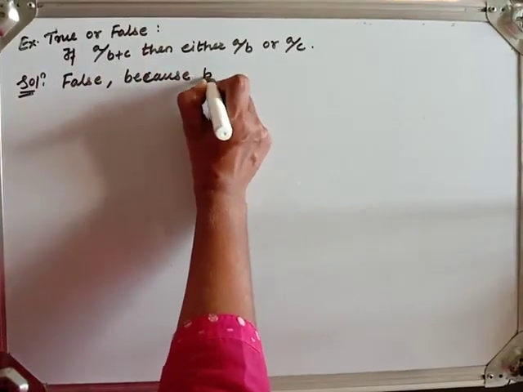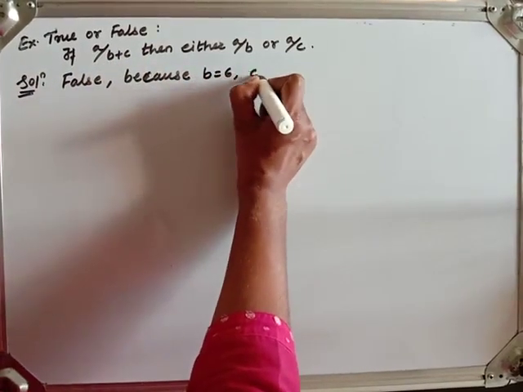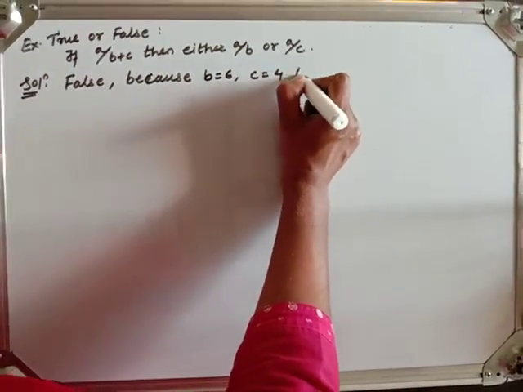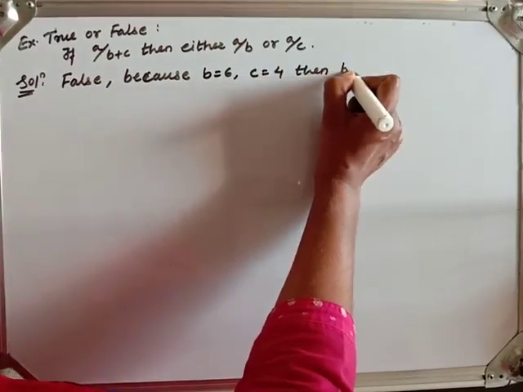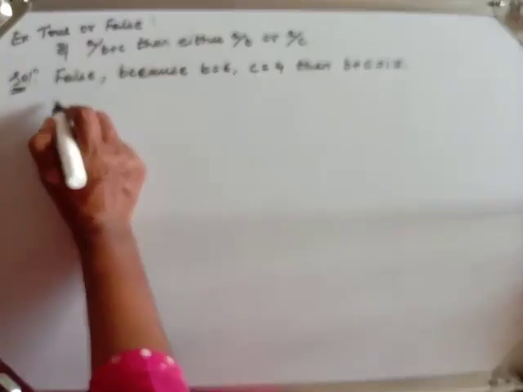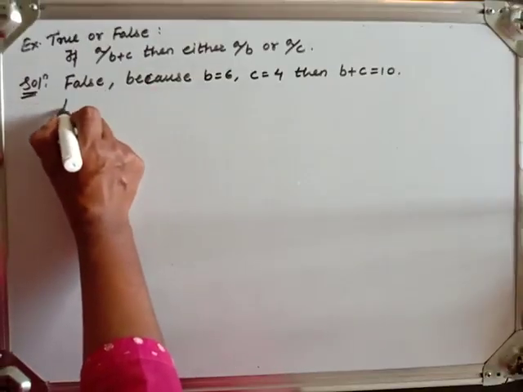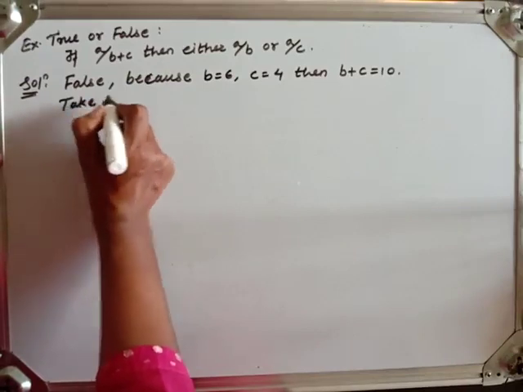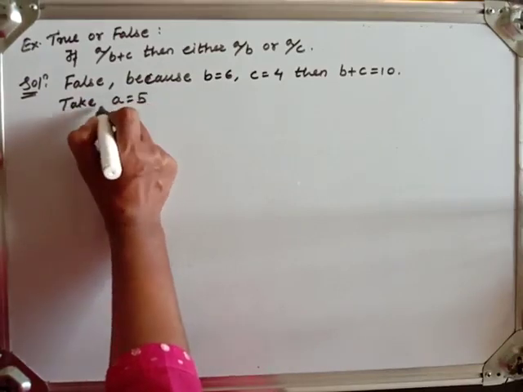Because if b is equal to 6 and c is equal to 4, then b plus c is 10. So let us take a is equal to 5.